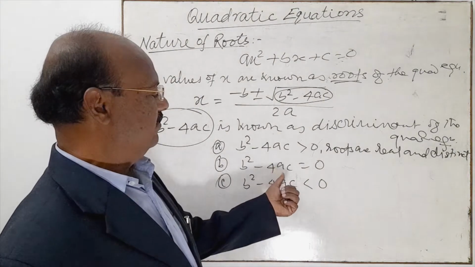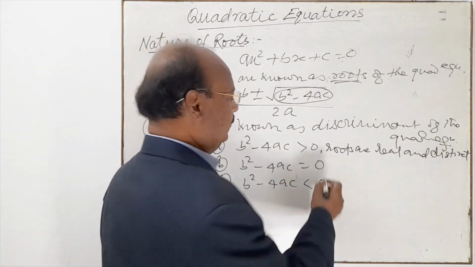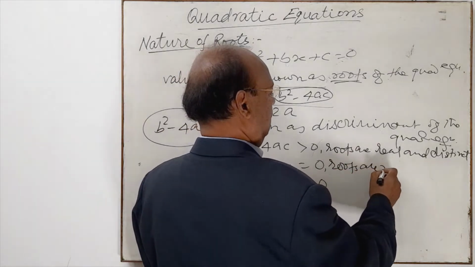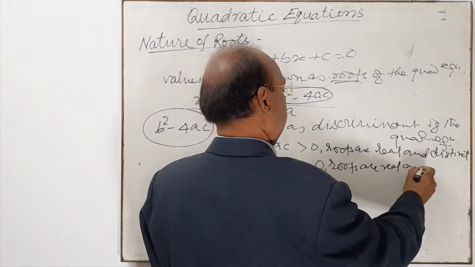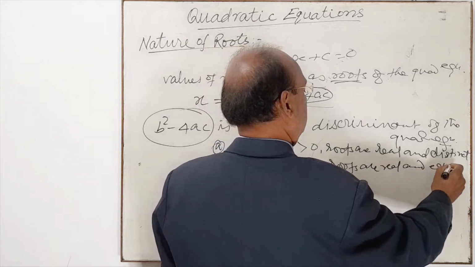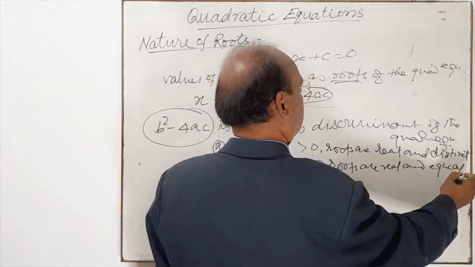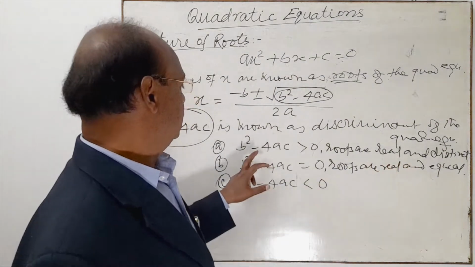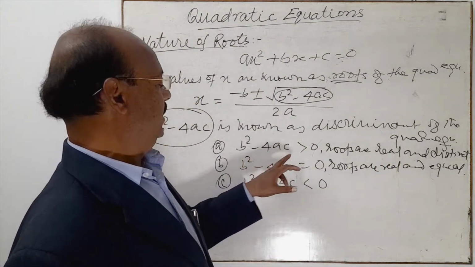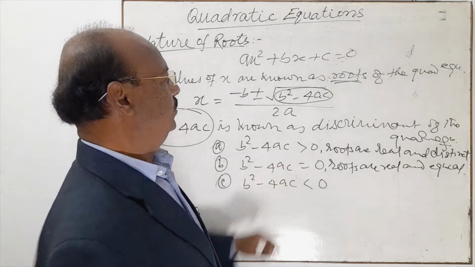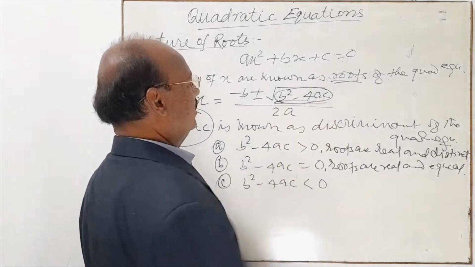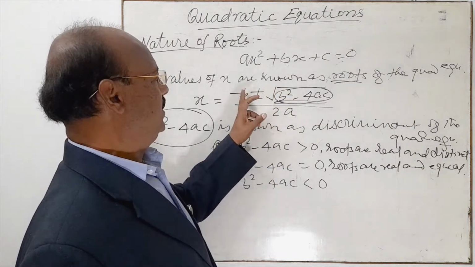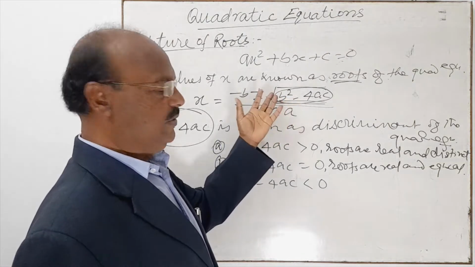When b square minus 4ac is equal to 0, then roots are real and equal. Why are roots real and equal? Because if b square minus 4ac is equal to 0, then this part becomes 0. So minus b plus 0 or minus b minus 0 will be the same.